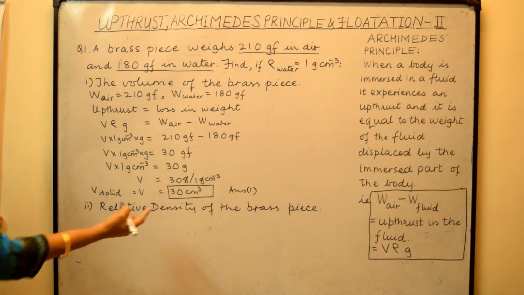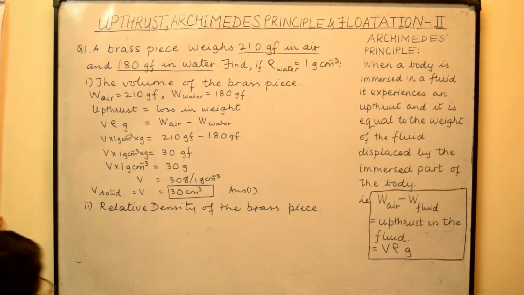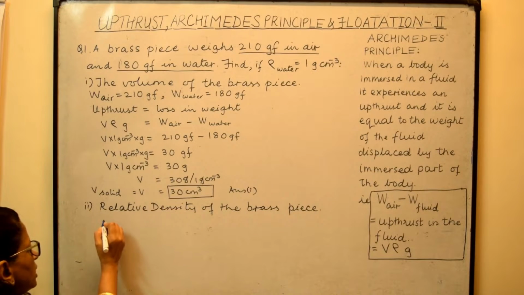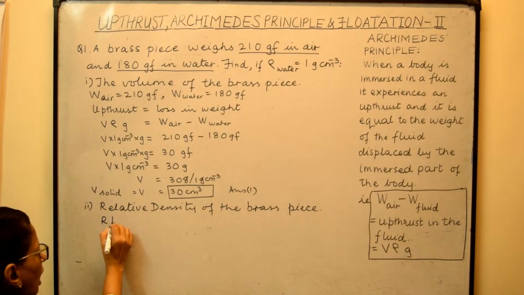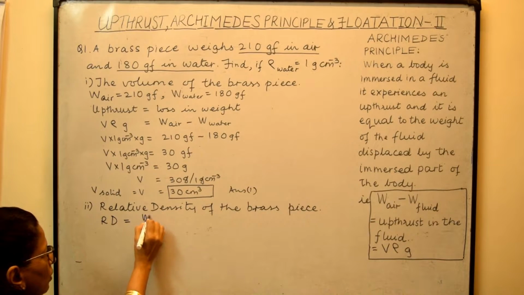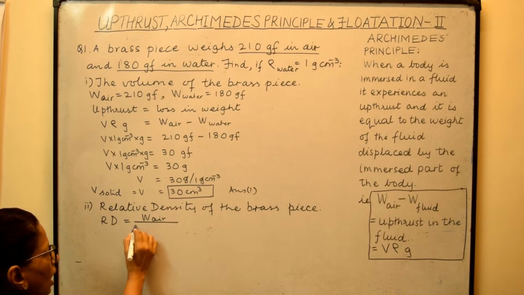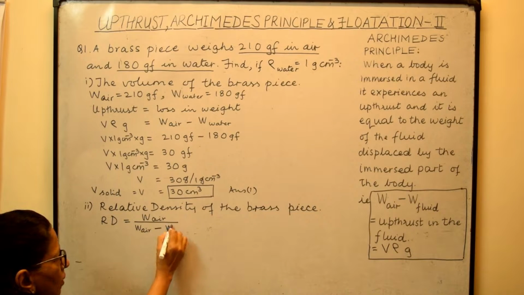Now they are asking us to find the relative density of the brass piece. Now relative density formula, as we've already done in the theory part, from any textbook that you are learning, RD, relative density, is going to be equal to W air, that is weight in air, upon weight in air minus weight in water.